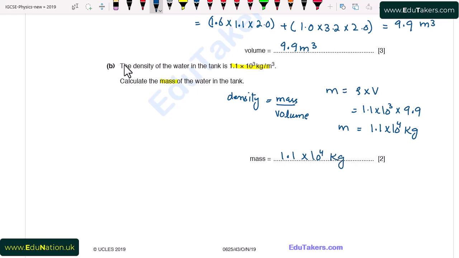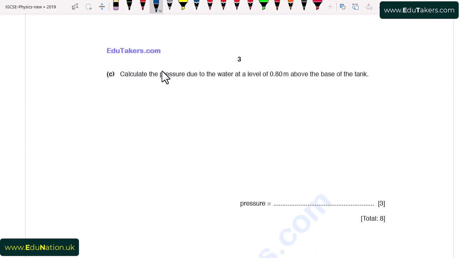Going towards the next part. Part C. Calculate the pressure due to the water at a level of 0.80 meter above the base of the tank.